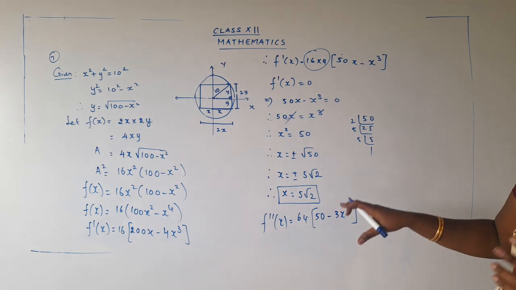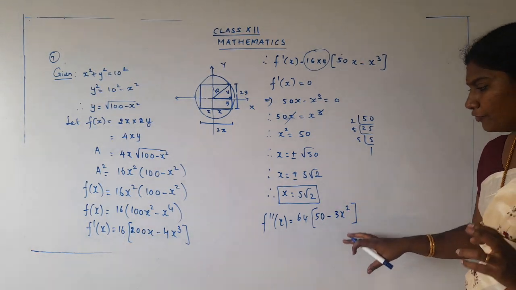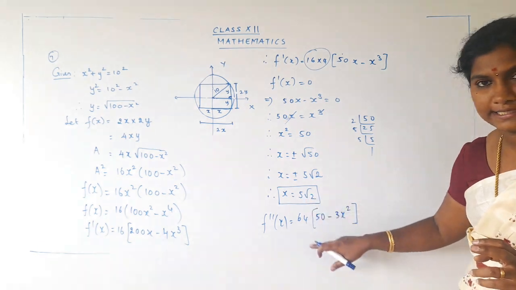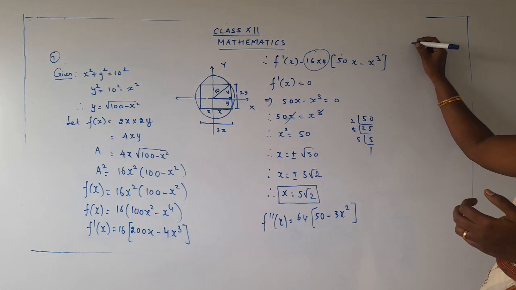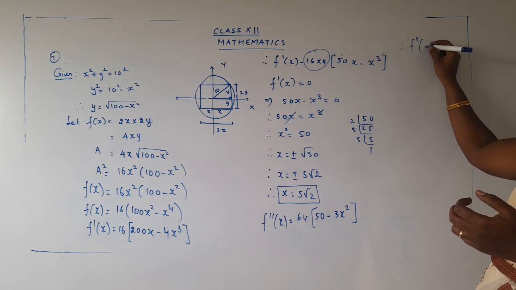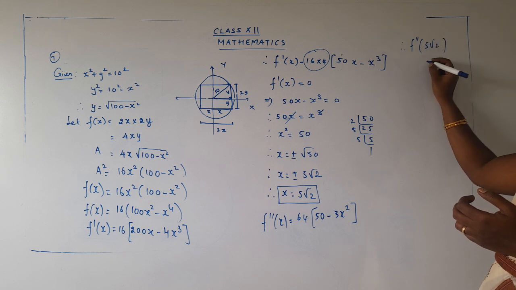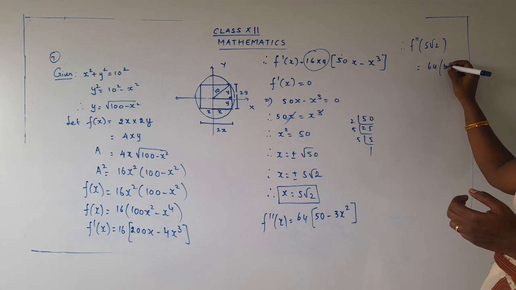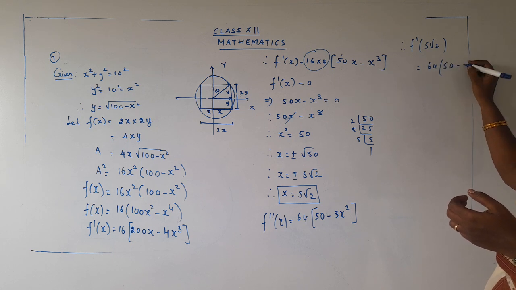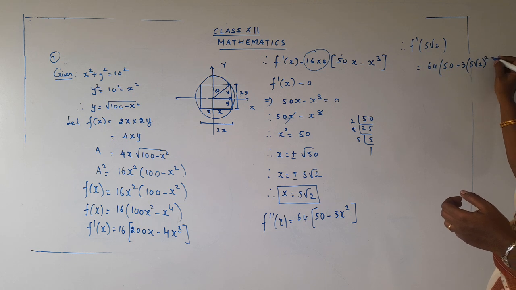I don't know whether the value is positive or negative. So what I am going to do is I am just going to substitute the value for x in f double dash x. Let's put here. Therefore, f double dash 5 root 2 is equal to 64, 50 minus 3, 5 root 2 square.